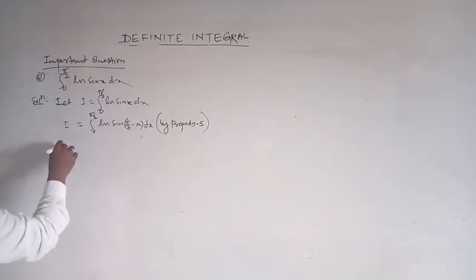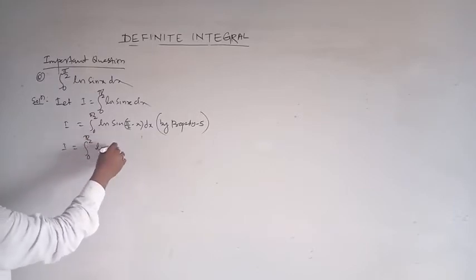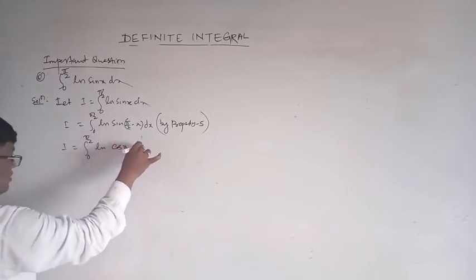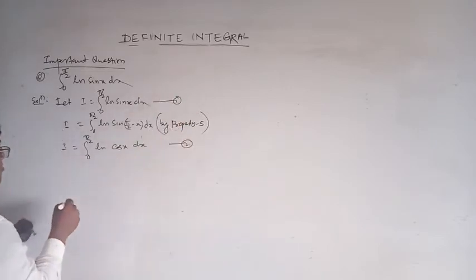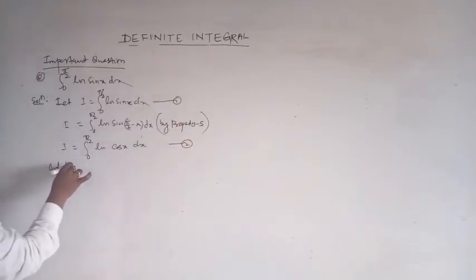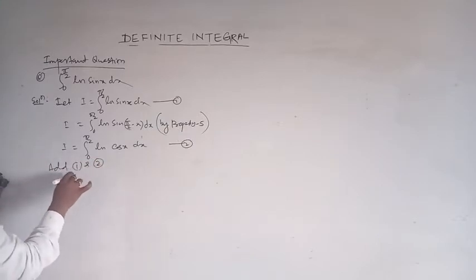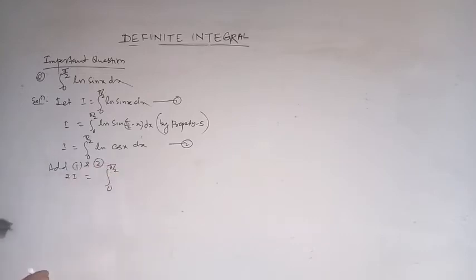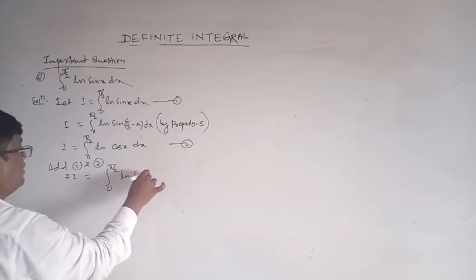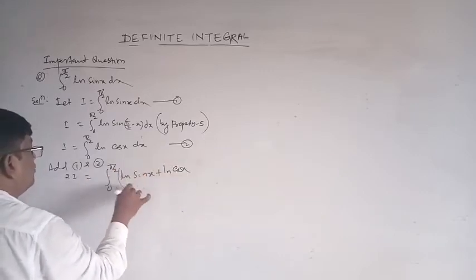So I is equal to the integral from 0 to pi by 2 of log cos x dx. Suppose this is equation 1 and this is equation 2. Add equations 1 and 2. So 2I is equal to the integral from 0 to pi by 2 of log of sin x plus log of cos x dx.